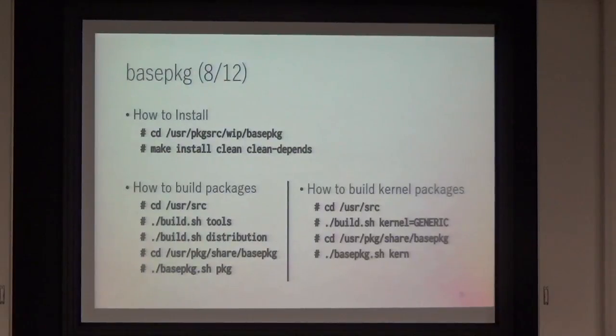And secondly, run base package shell with the package option. On the other hand, for building a kernel package, prepare the NetBSD kernel binary, then run base package shell with the kernel option.